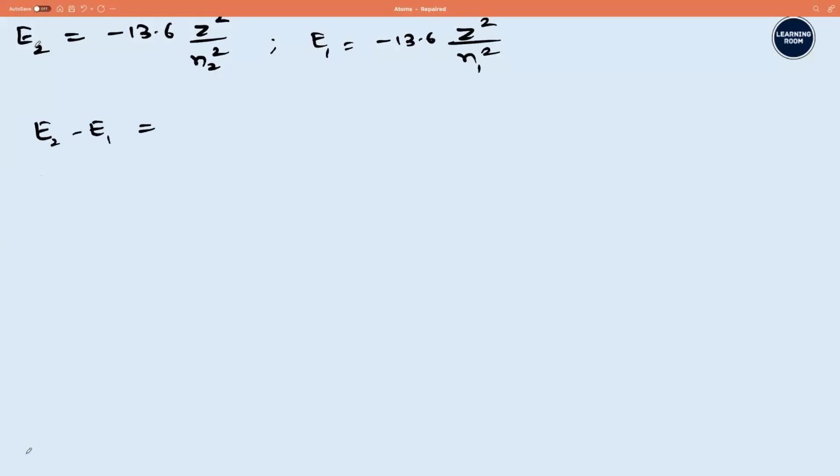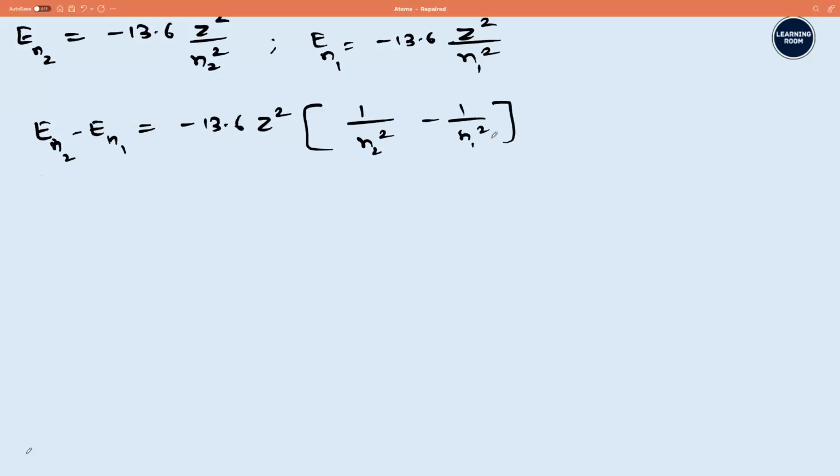Actually, I'll add a small correction. It is not E2 minus E1, it is En2 minus En1. If I take minus 13.6 into Z square common, it is 1 by n2 square minus 1 by n1 square.